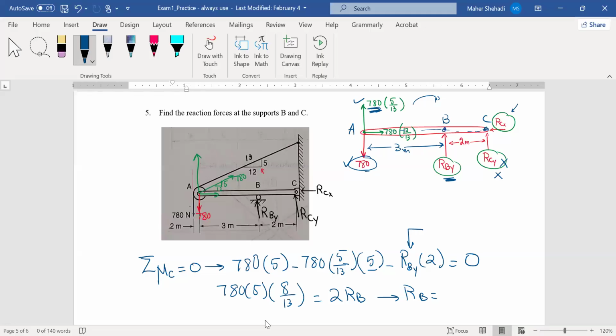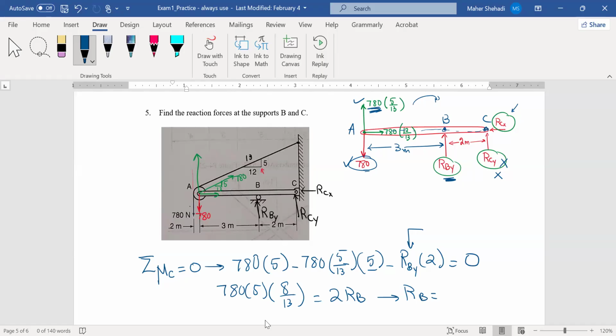I get an exact 1200. Let me just do it one more time. 780 times 5 times 8 over 13 over 2.